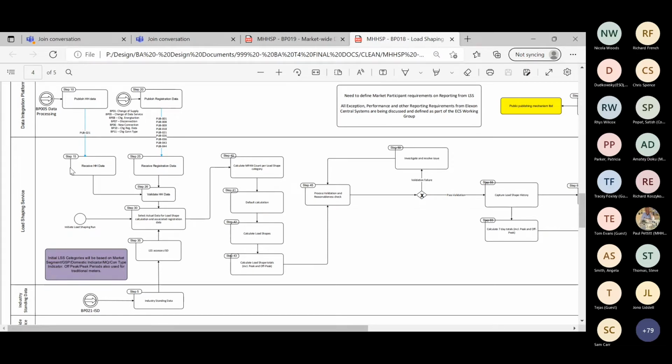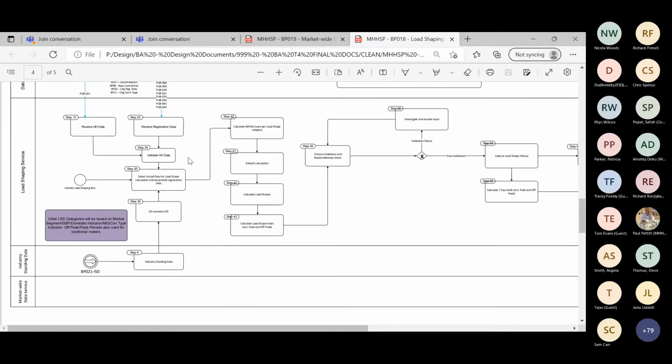So this whole section here, you'll see this in both the NDS and the LSS. So logically, they're doing the same thing. In reality, I think this will only actually occur once: this validation of the half-hourly data. I guess the difference for the load shaping calculations is that they're only selecting actual data, so it's got to be validated actual data in order to go into the load shaping calculations.